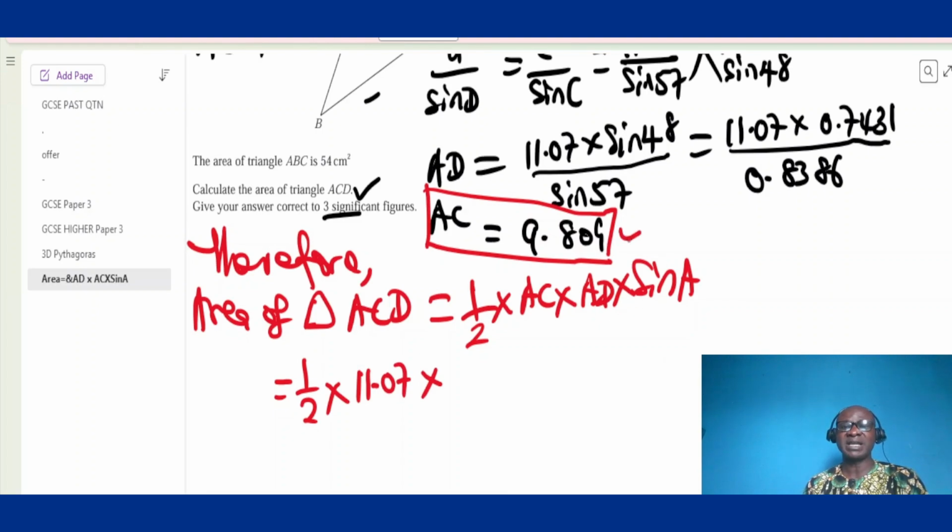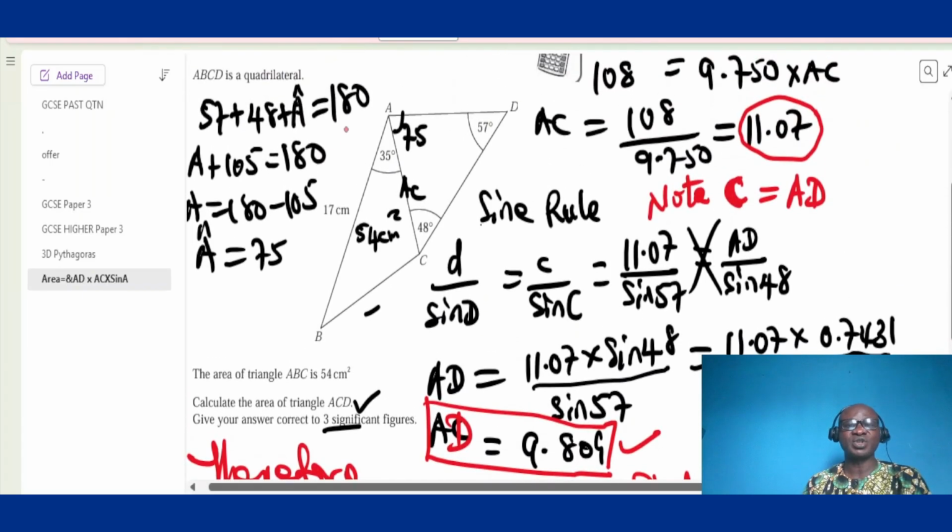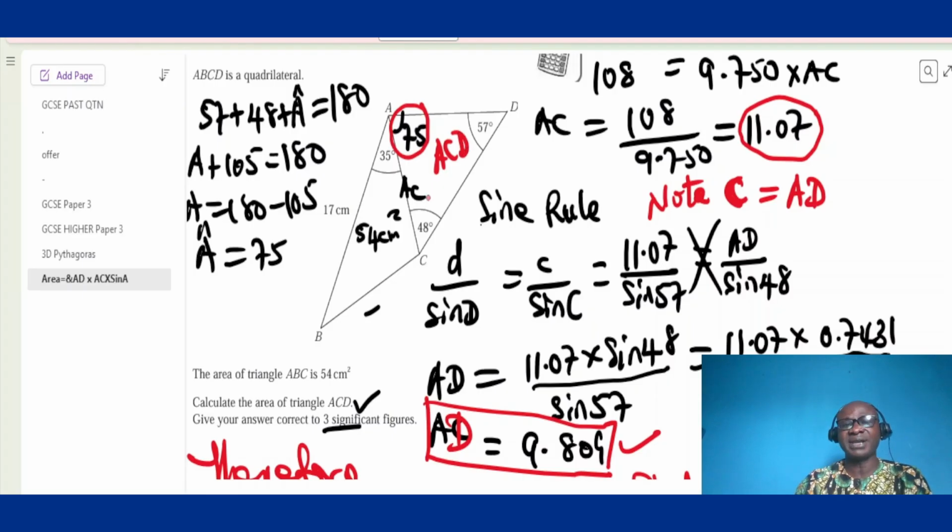And we have just calculated the length of AD. Please, this is AD. So I will write 9.809. Then multiply by sine A, and that is sine 75. Let me show you again on the diagram. We are referring to this angle A, because this is the ACD triangle, and that is what we are finding the area of.